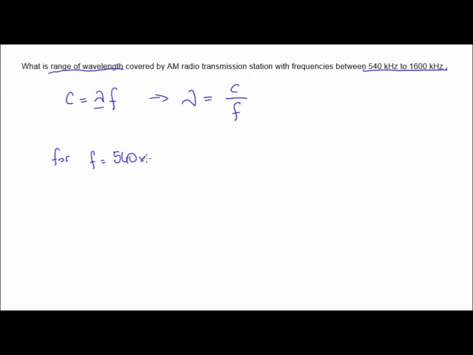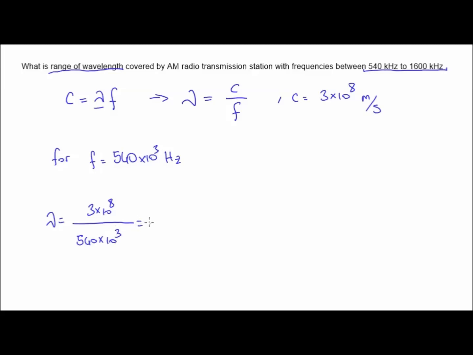540 kilo means 10 to 3 hertz. And by the way, C equal 3 times 10 to power 8 meter per second. So for the first one, lambda equal C, which is 3 times 10 to power of 8 over 540 times 10 to power of 3.